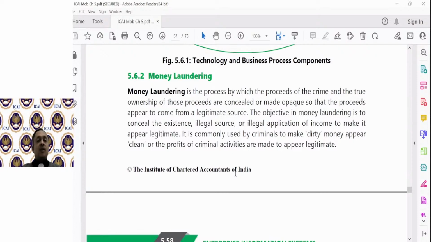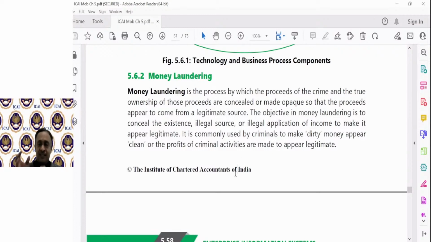The objective in money laundering is to conceal the existence and the illegal source. What you're basically hiding is the source, because your source is illegal, or the illegal application, where you're applying it for not good purposes, to make the income appear legitimate.